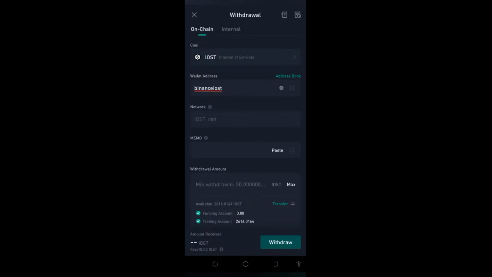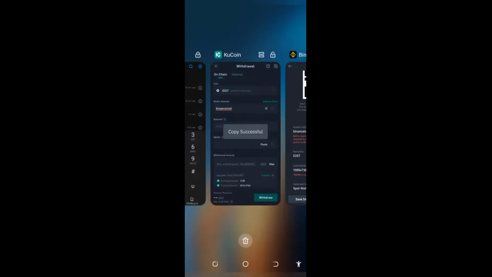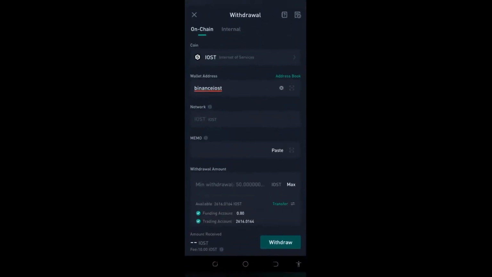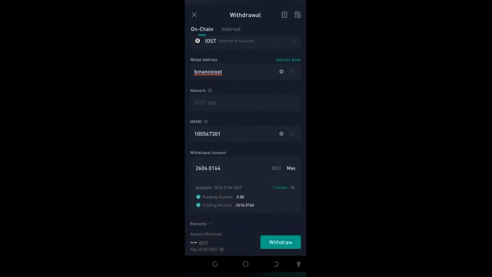Binance IOST. Then we get the memo. Where's the memo? IOST memo. All right, so we get the memo, get back in there and we paste the memo. Good. So it looks like everything is going on well. Then we pick max.